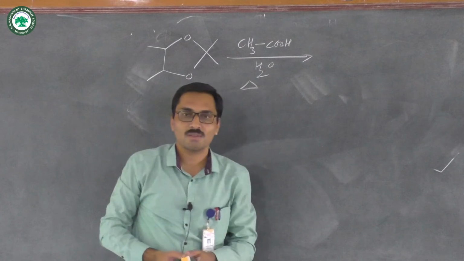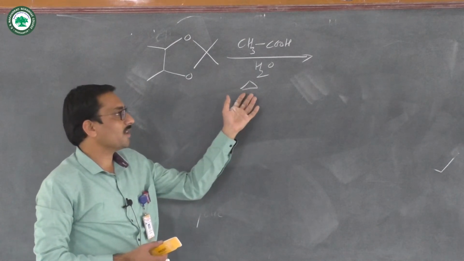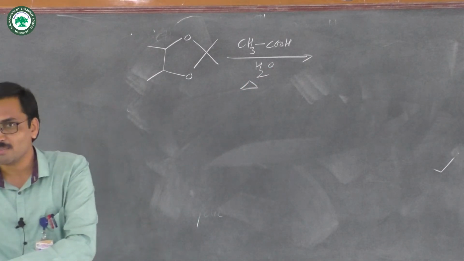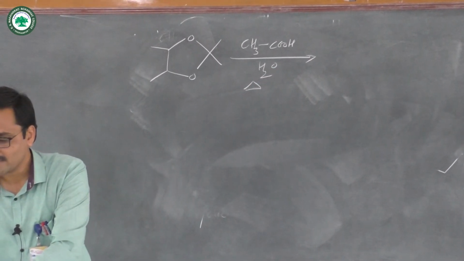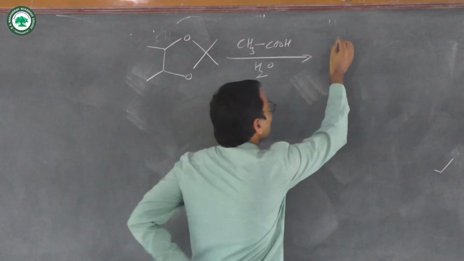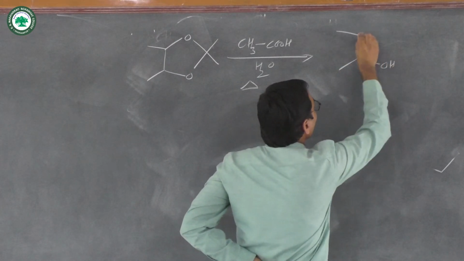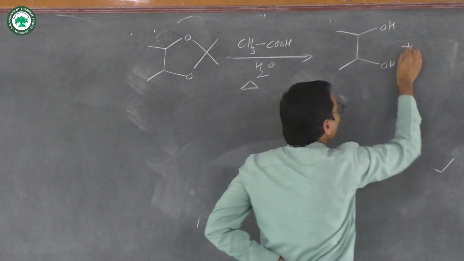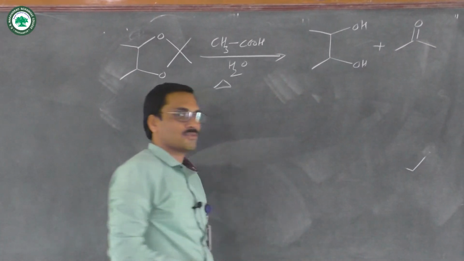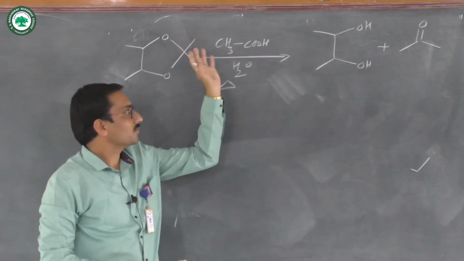So we can use acetic acid, trifluoroacetic acid, H2SO4, or HCl for the deprotection of that particular ketal. We get the original diol and also the acetone molecule. So these are the deprotecting conditions for the cyclic ketal.